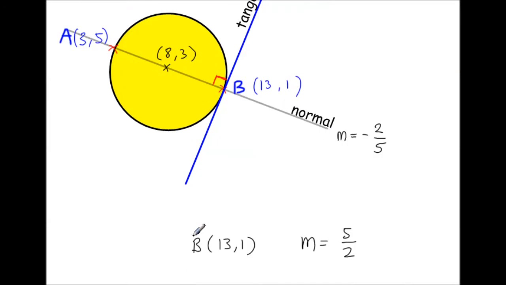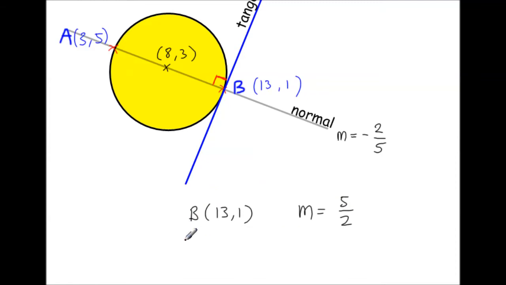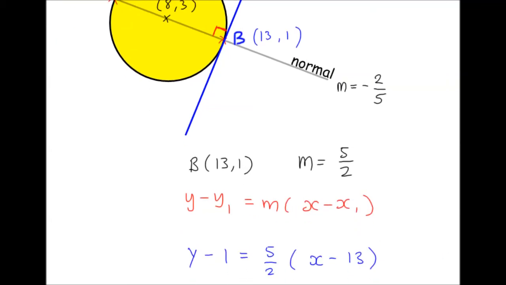So using the coordinates of point B, which is on the tangent, and the gradient of the tangent, and then the form y minus y1 is equal to m times x minus x1, so we're going to use this. Then we have this. The y coordinate here is 1.